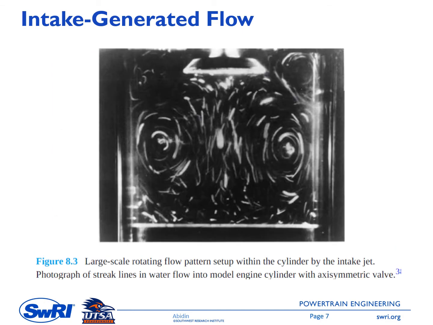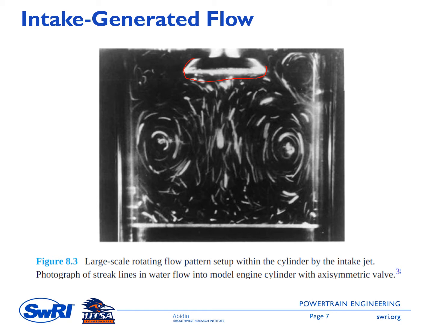This one is showing a large-scale rotating flow pattern within the cylinder created by the intake jet. Once again, the engine has one intake at the center, and the flow pattern inside this chamber generates several rotating flows.